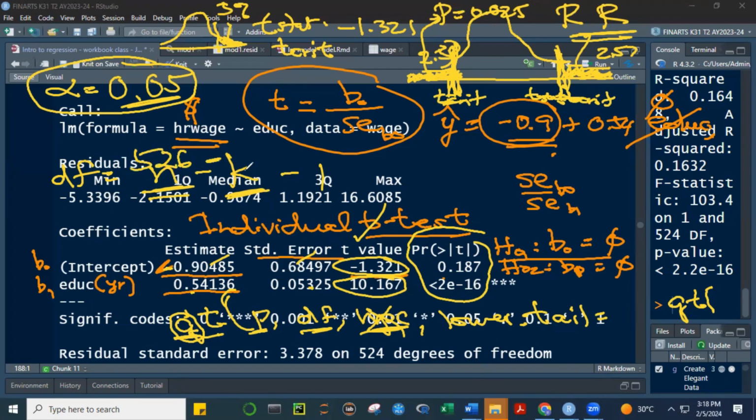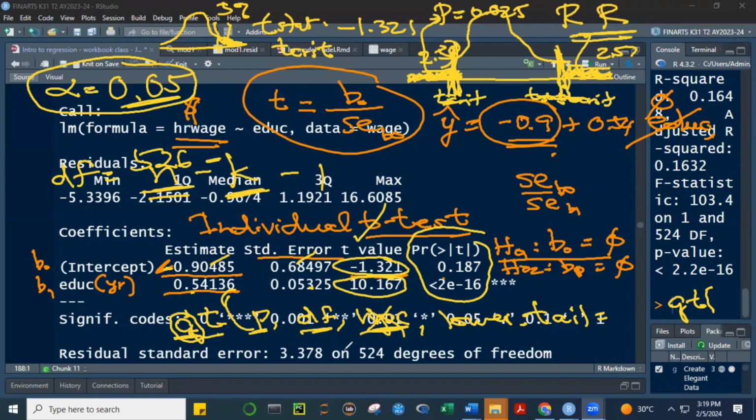Okay? Ilan yung K, class? What's K? Number of predictors, okay? Not variables.